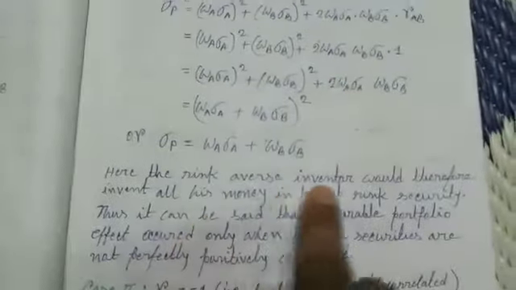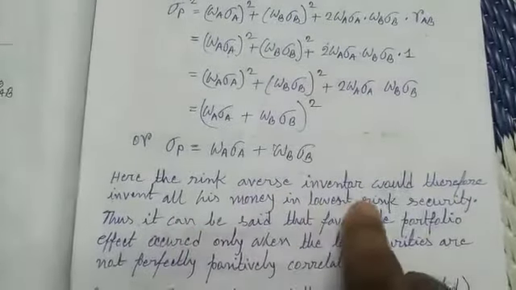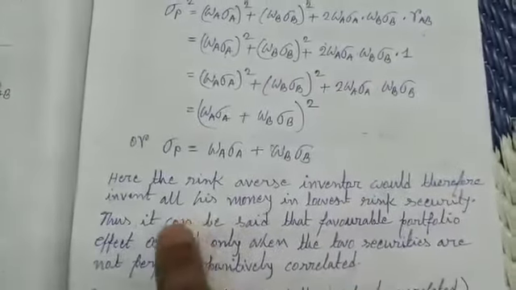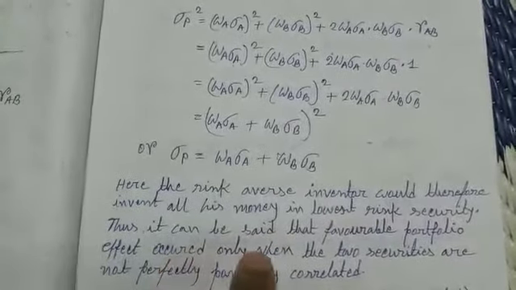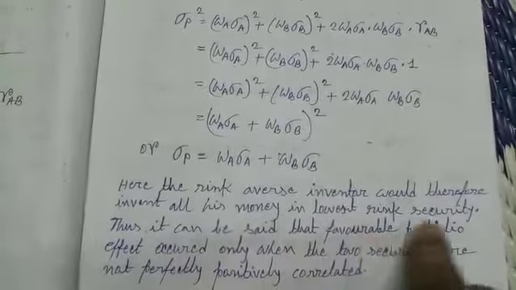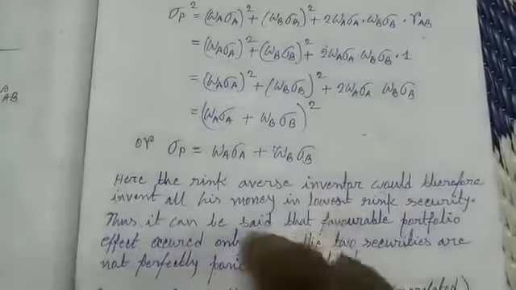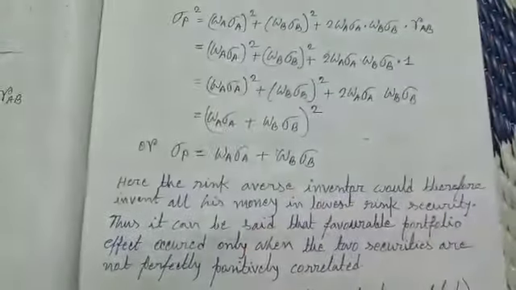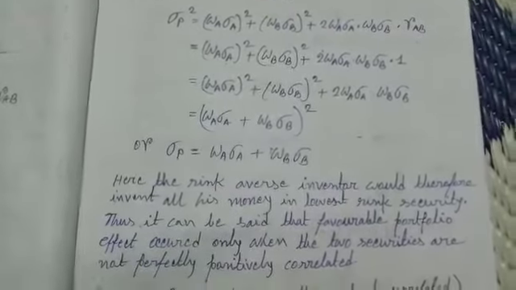Hence, a risk averse investor would therefore invest all his money in the lowest risky security. Thus, it can be said that favorable portfolio effect occurs only when the two securities are not perfectly positively correlated. That means diversification will be there if the two securities are not perfectly positively correlated.